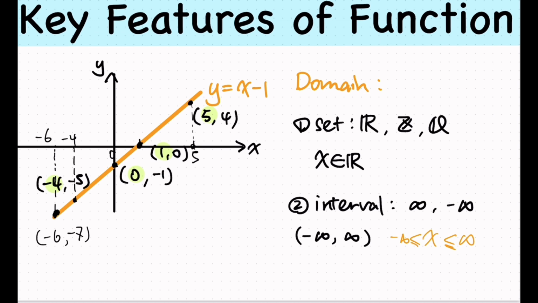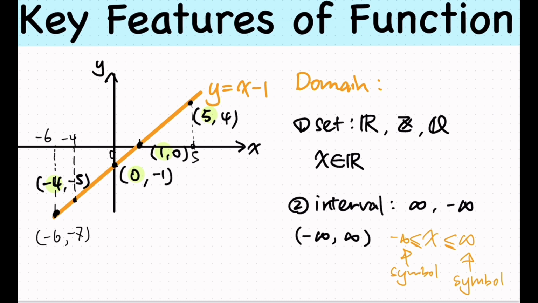Why don't we use the equal sign, less than or equal to or greater than or equal to? Infinity or negative infinity, these are just symbols. They are not specific numbers. They are just symbols to represent an infinitely large number or infinitely small number. They can never be a specific number.